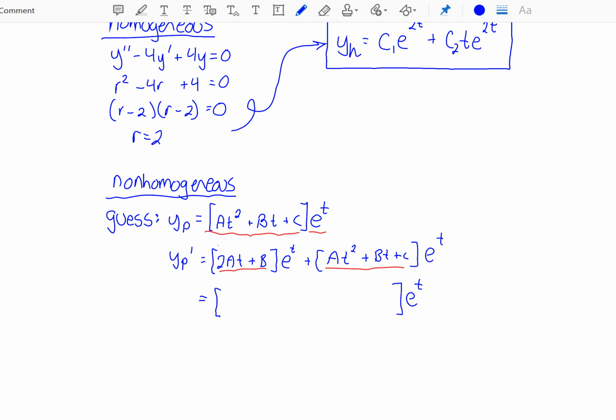So I'm going to write this as at squared. Grab our two terms that have a t in them, but I'll factor out the t. So I'm going to write it as 2a plus b times t. And then let's write our constant terms. The one that has this b and this c, I'll group those together. And I'm doing this just because I think it makes the second derivative a little easier to work with.